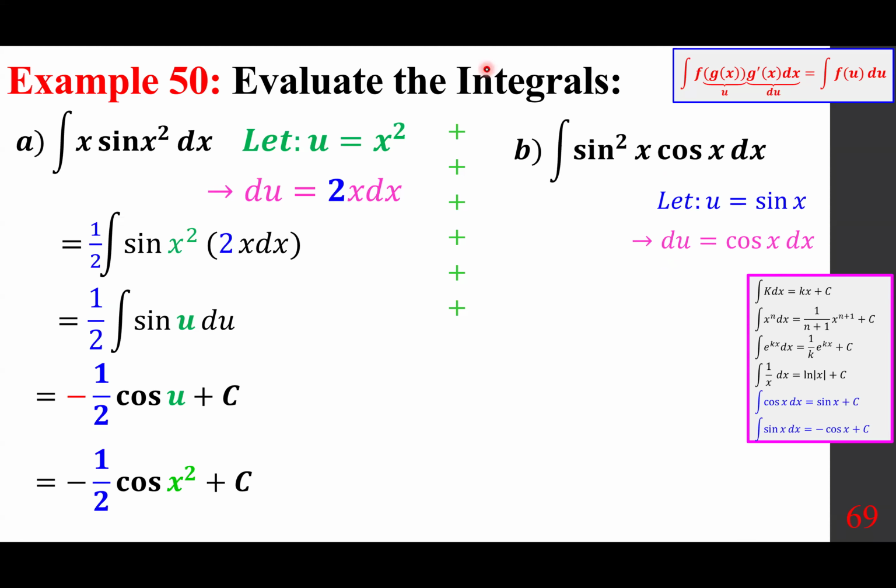We are looking at the integral of u squared du, using the power rule on that. 1/3 u cubed plus a constant. Replace the u and we are done. 1/3 sine cubed x plus a constant.